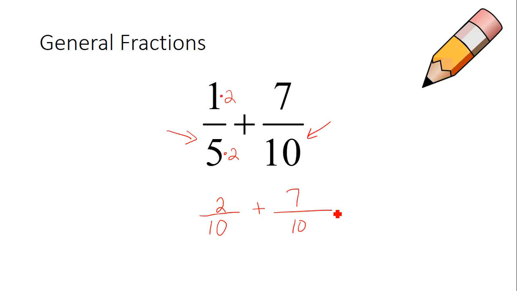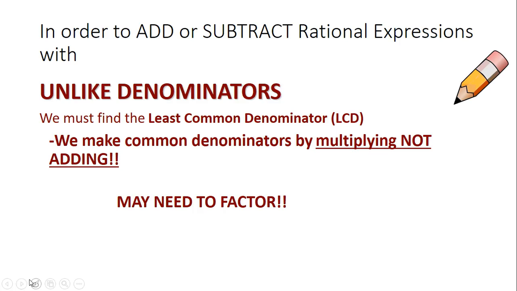So now we can add it to the 7/10, creating 9/10 as my total answer. Now notice once the denominators were the same, I just added these numerators together, right? And I kept them as tenths. The denominator didn't change.